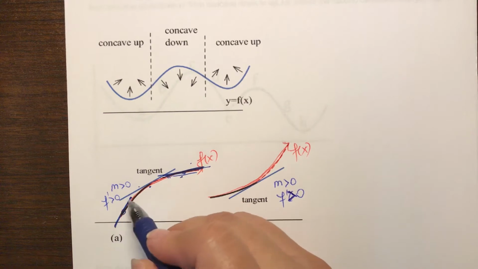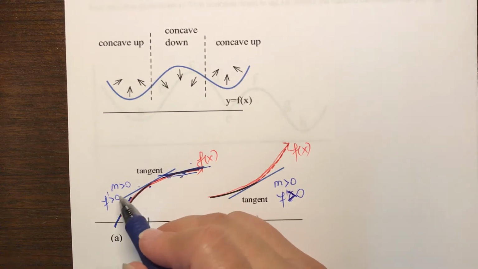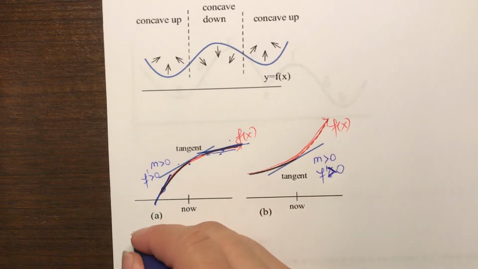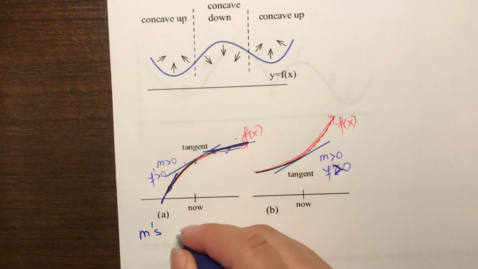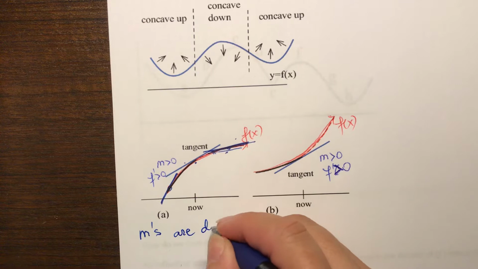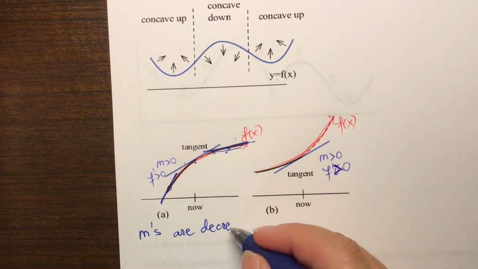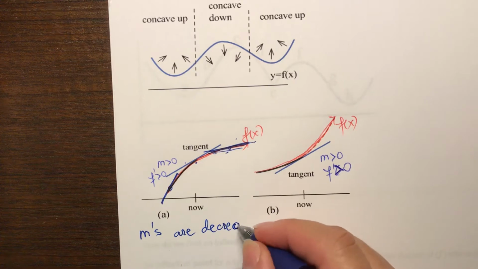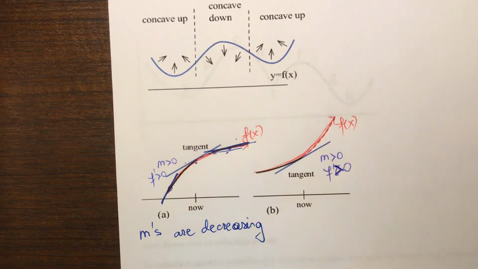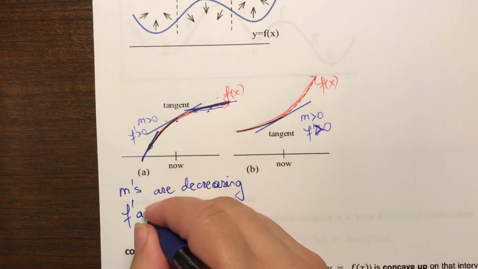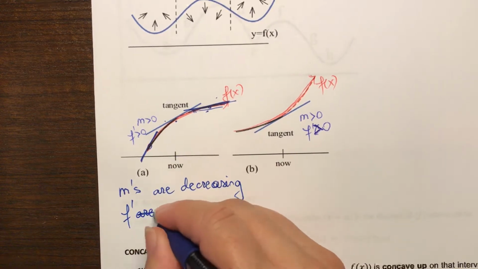This slope here might be maybe a 2. This might be a 1. This is only a half. So what I'm telling you here is that the slopes are decreasing. They're getting lower and lower and lower, right? Okay. So if the slopes are decreasing, that means the first derivative is decreasing, let's just say.